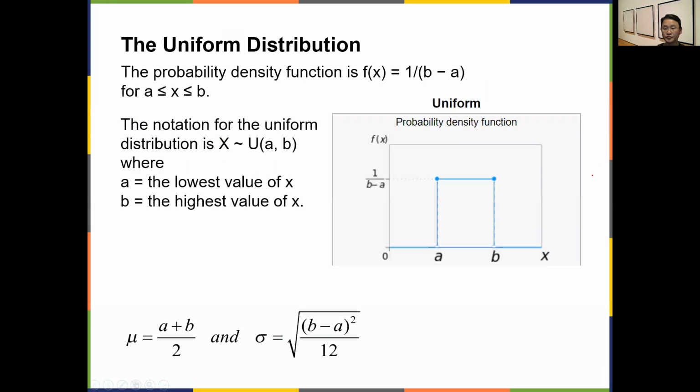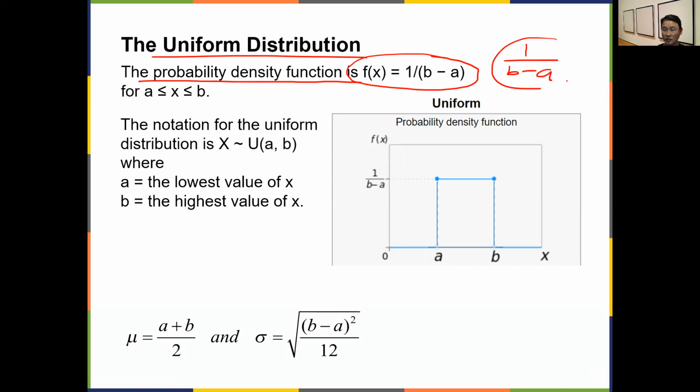All right, so just to quickly recap, when we say the probability density function of this uniform distribution, it looks like this. Now, if you really think about this 1 over b minus a, at the end, this is just going to be a number, right?